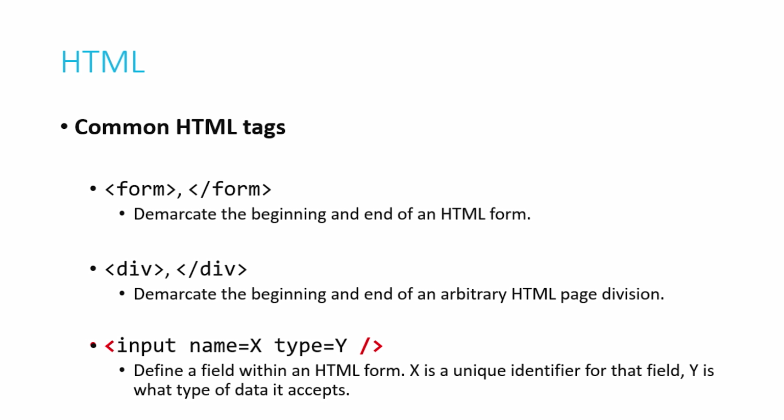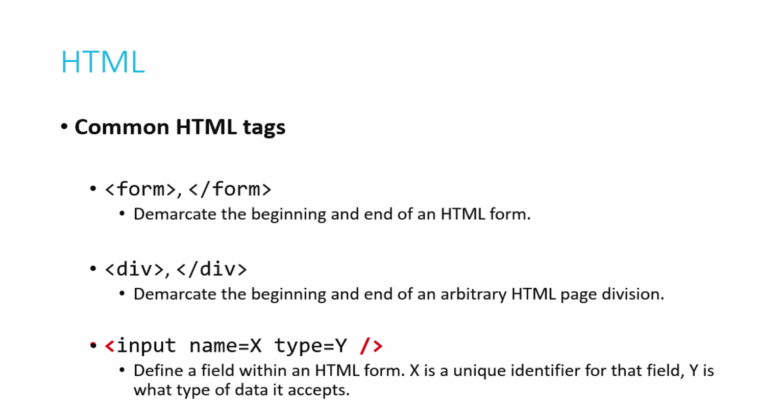One last comment before we move on to some other tags is to take a look at this input tag one more time. Notice that I've highlighted the ends of the tag in red. Every other tag we've seen so far has had a beginning and an end, an opening tag and a closing tag. But an input tag doesn't. There's no text that goes in between input tags. All of the information we're intending to convey is bound up as part of the attributes of that input.